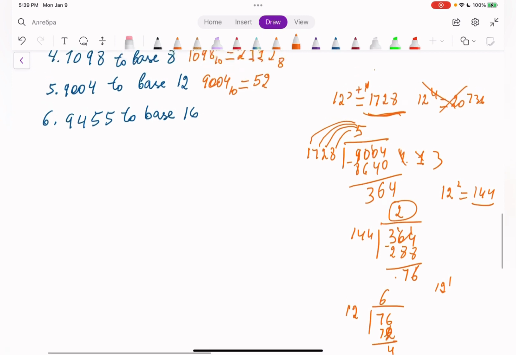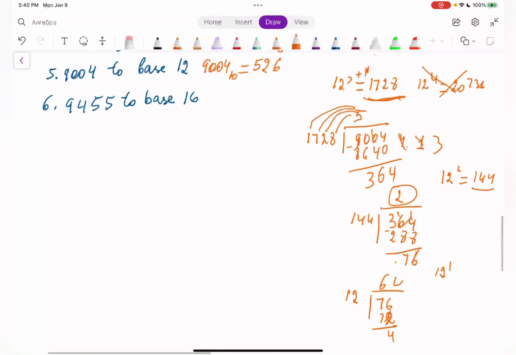So it's going to be 6, this number. And 4 is going to be the remainder. So those are the answers: 6, 2, and this 5. And that's in base 12, 526.